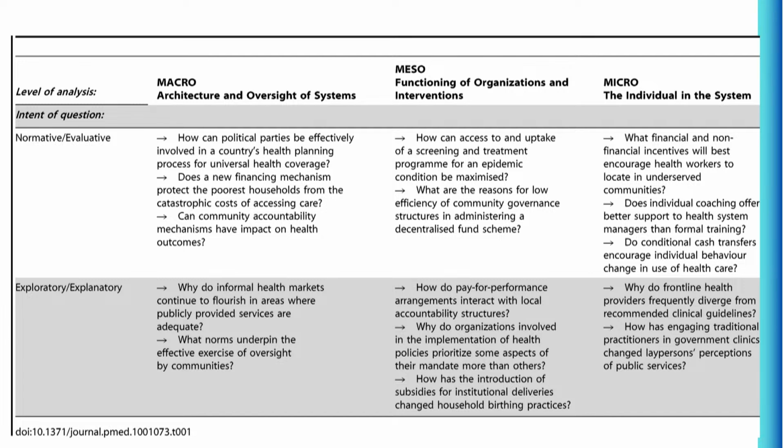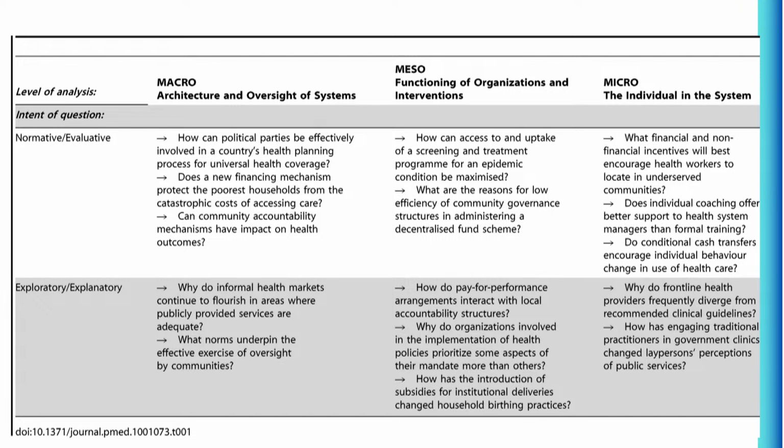Normative refers to when you have an idea of what is supposed to be the situation. So you have an intervention which is supposed to improve health worker motivation, or diagnostic capacity, or uptake of screening. Normative simply means you as a researcher have an idea of what the ideal performance indicator is.